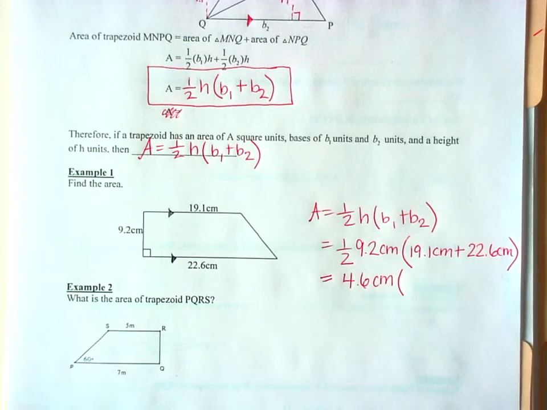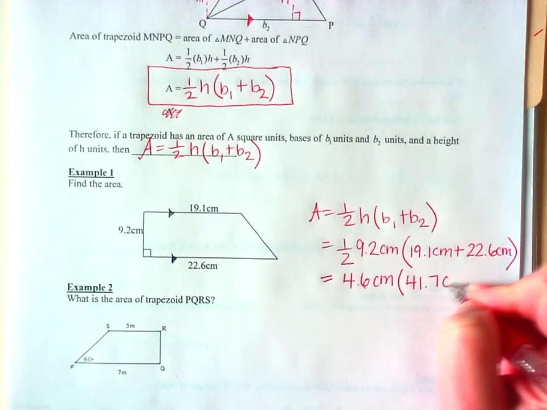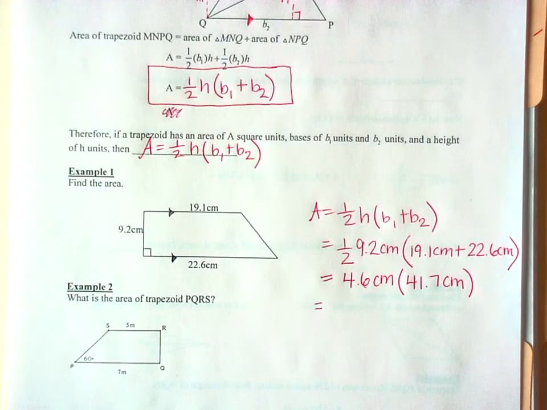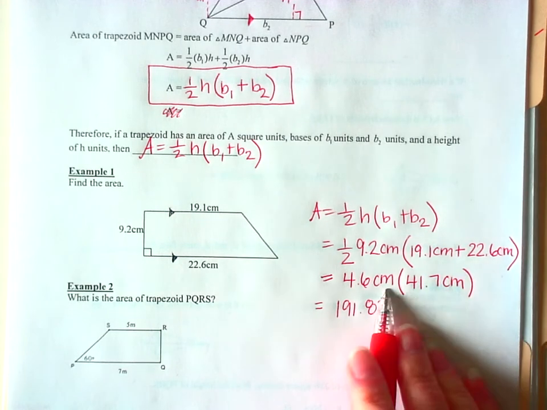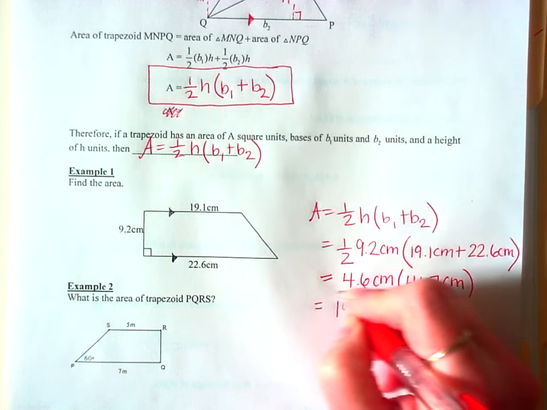And then inside the parentheses, 19.1 plus 22.6 is 41.7. Okay, and then we multiply that together. We get 191.82. Centimeters times centimeters would be centimeters squared.